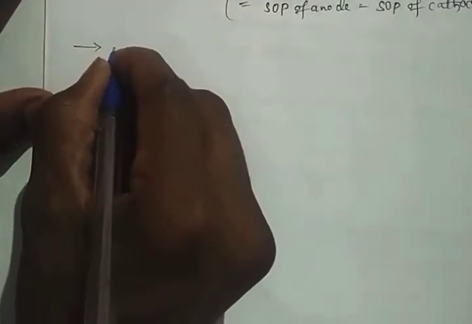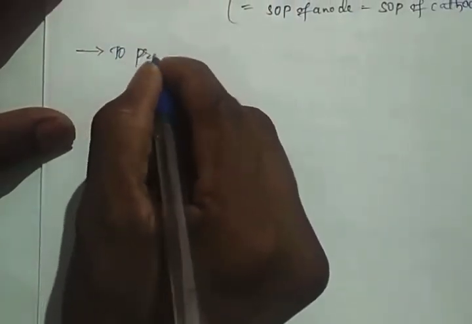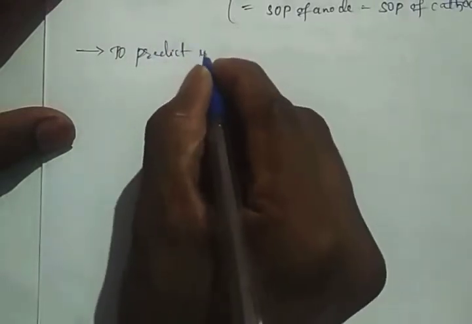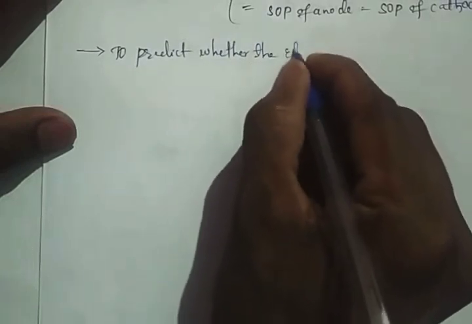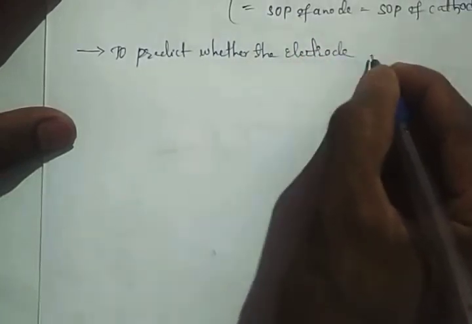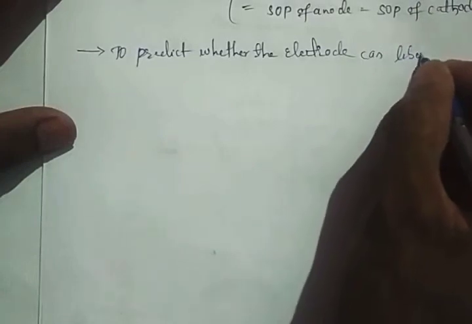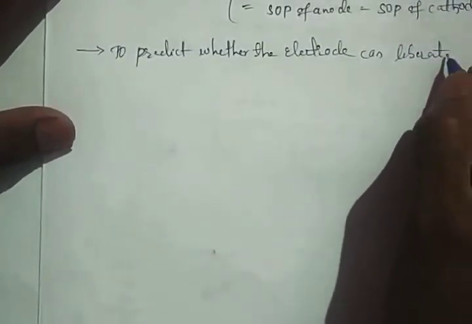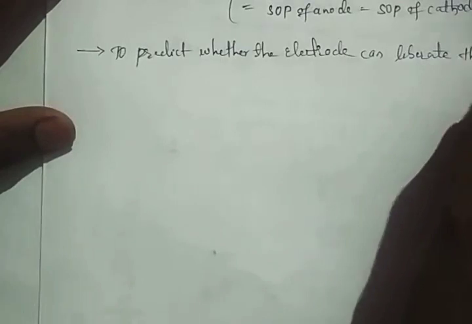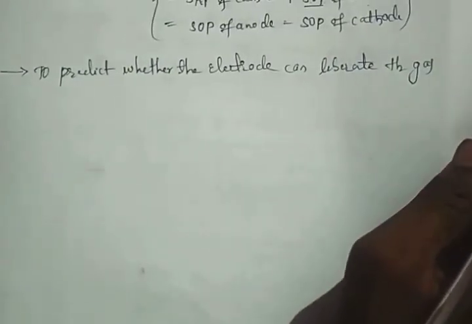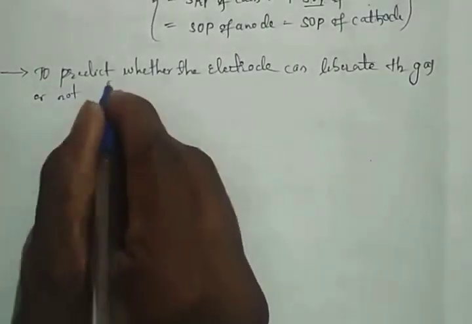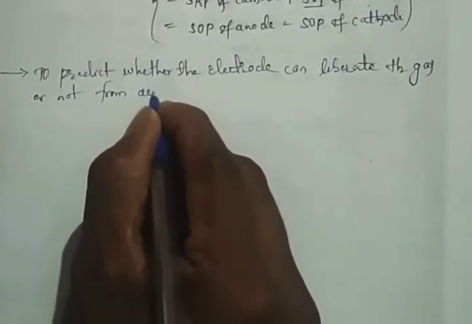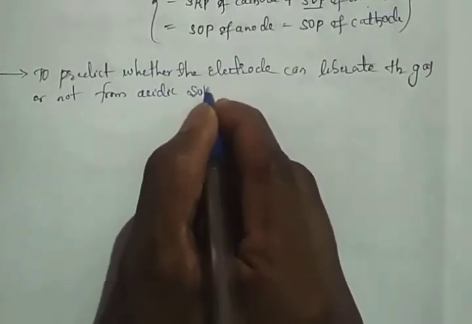That means the fourth application is to predict whether the electrode can liberate hydrogen gas or not from acidic solution.